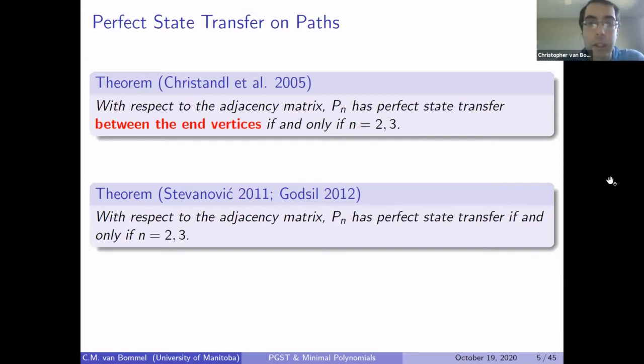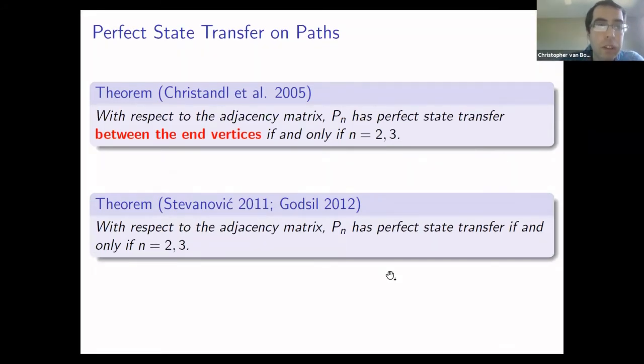And unfortunately, we can't hope for this to work on longer paths. So Kay et al. In 2005 demonstrated with respect to the adjacency matrix, you can only get perfect state transfer on lengths 2 and 3.